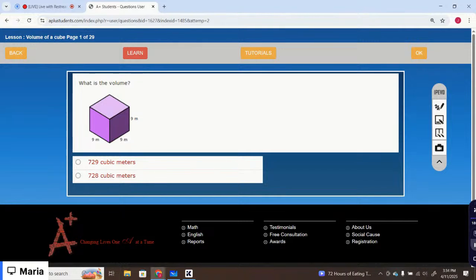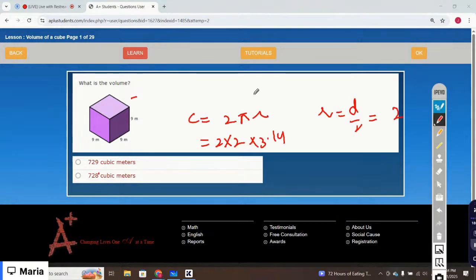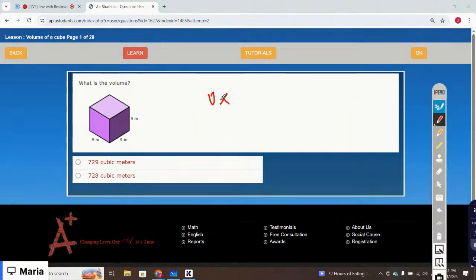What is the volume? So the volume of a cube is side times side times side. So 9 times 9 times 9. 9 times 9 is 81. 81 times 9 is 729.